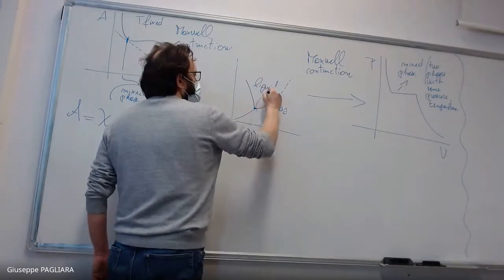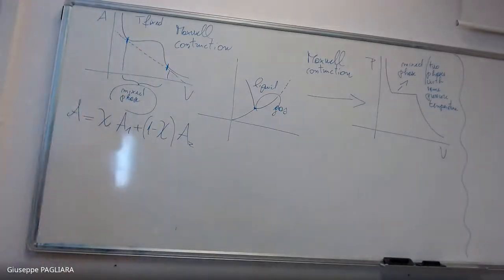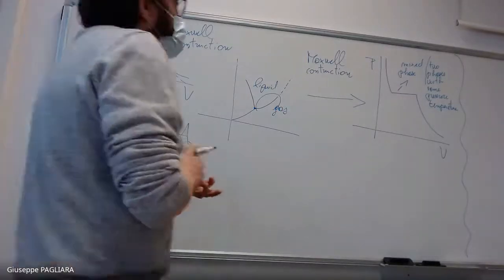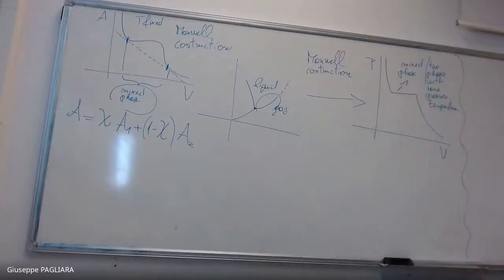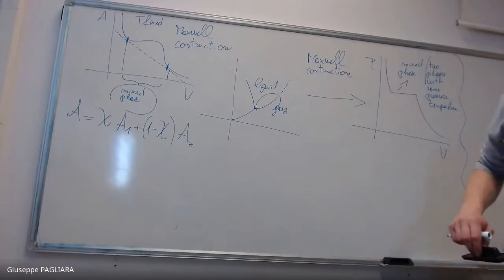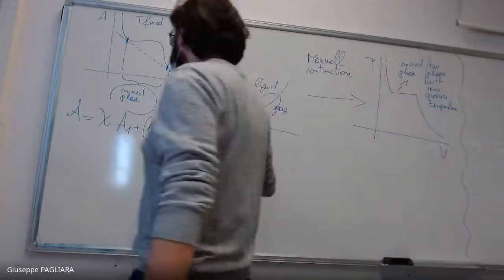Okay, so we are talking about this line here, which is a first order phase transition, first order transition line. What else to do for this prediction of the van der Waals gas? Just let me say a few words more, and then we go on and we will study a little bit more in detail the mixed phase.